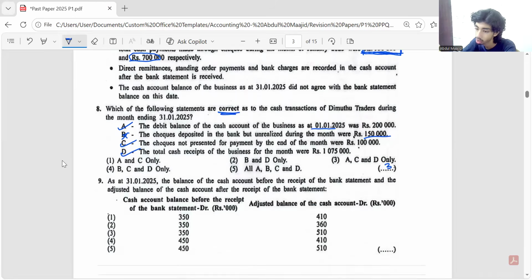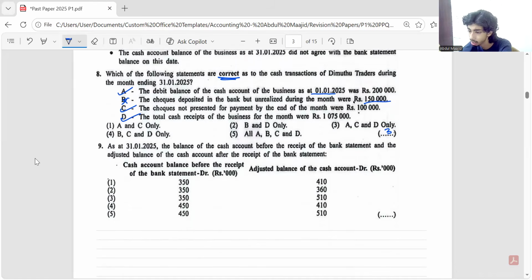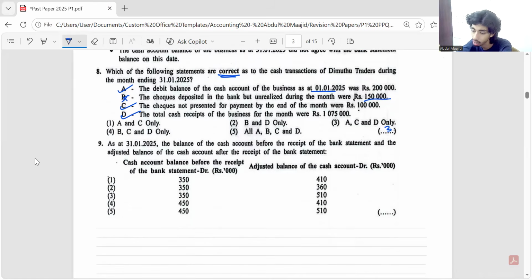Then, ninth one, as at 31st of January 2025, the balance of the cash account before the receipt of the bank statement and the adjusted balance of the cash account after the receipt of the bank statement. Now, how can you find the adjusted balance of the cash account here?